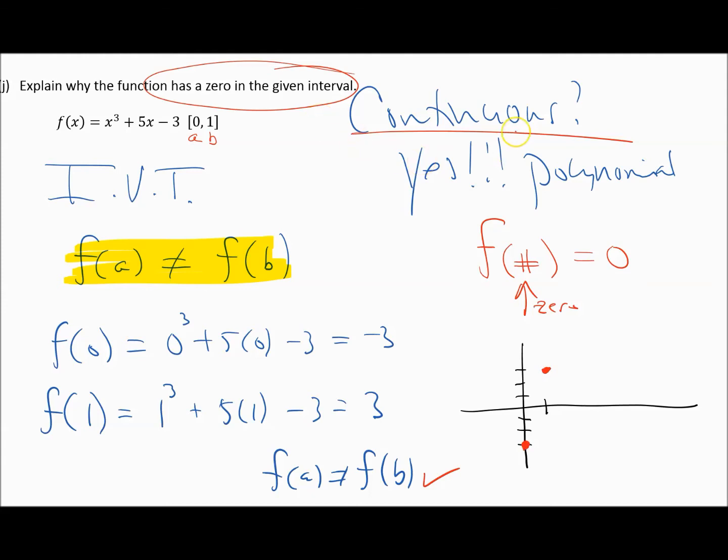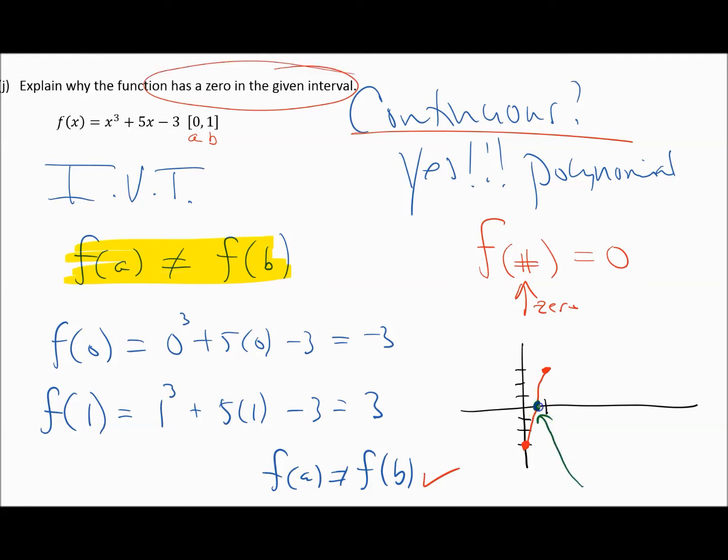And then how do I use the idea that it's continuous? Well, if it's continuous, it has to go from y equals negative 3 to y equals positive 3 with no holes, jumps, or breaks in the graph. Therefore, we are assured that there is a 0.